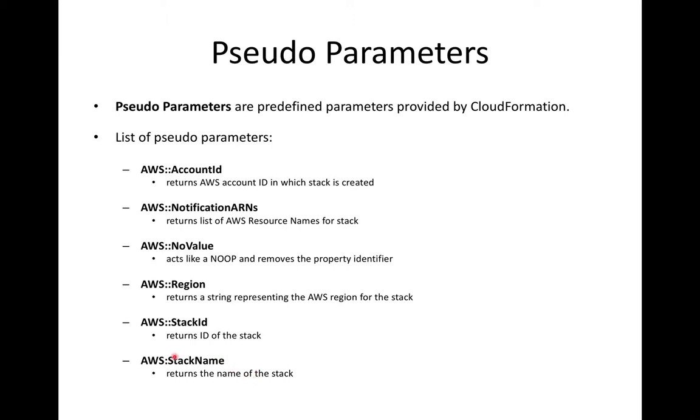I use StackName quite a bit because oftentimes I'll create tags for the resources in the CloudFormation template, and one of the tags I typically create for a resource is the name of the CloudFormation stack which created that resource.